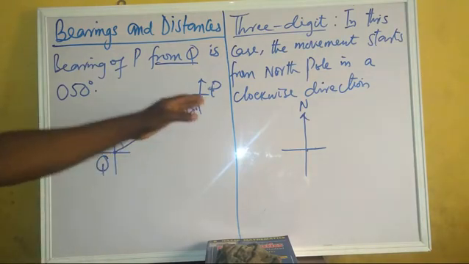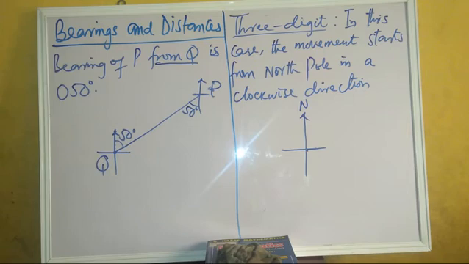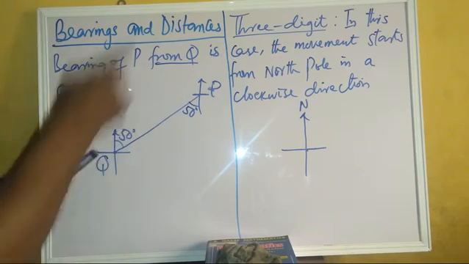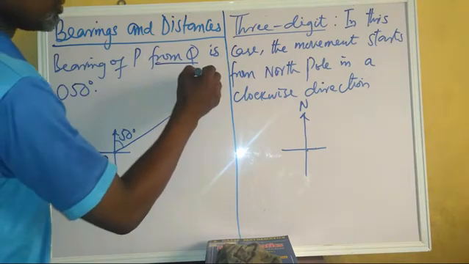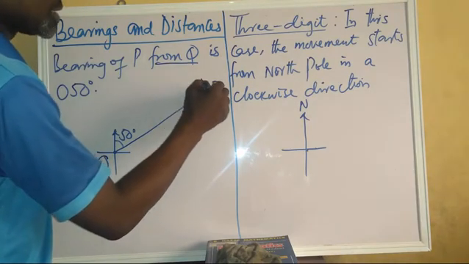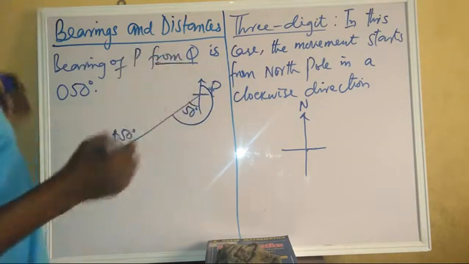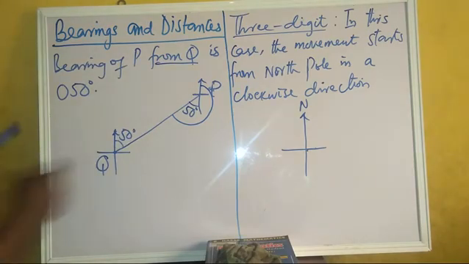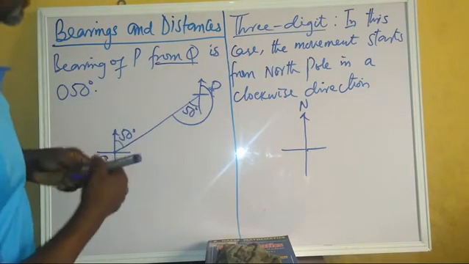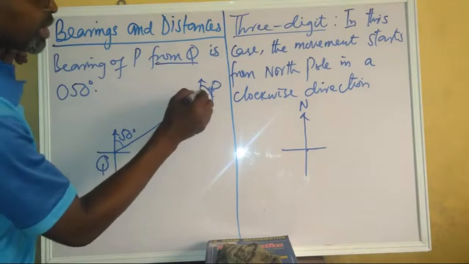So, when looking at the diagram, it shows we can find the bearing of Q from P also. To find the bearing of Q from P, we start from P, North Pole of P, then we move in a clockwise direction to the line joining them. This is the line joining the 2 points. This is 90.